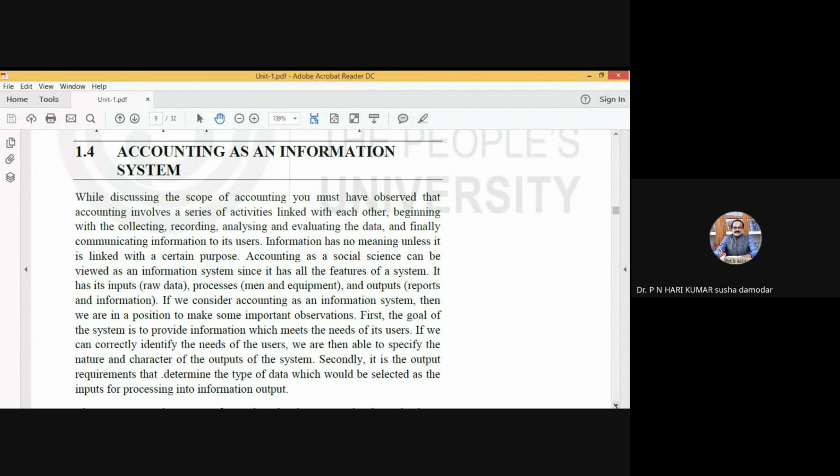So the input is raw data, which are the transactions, processing means summarizing, recording and classifying it, and finally there will be an output in the form of reports and information, which include the preparation of trading and profit and loss account and balance sheet, otherwise called financial statements.